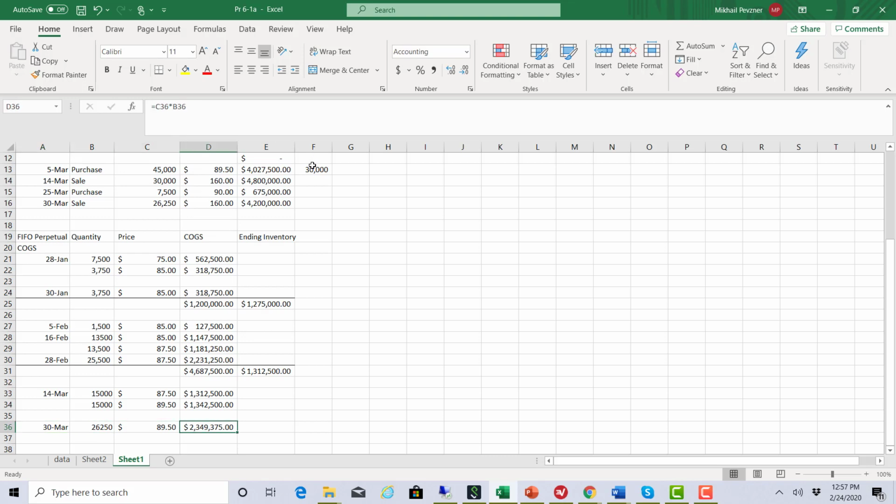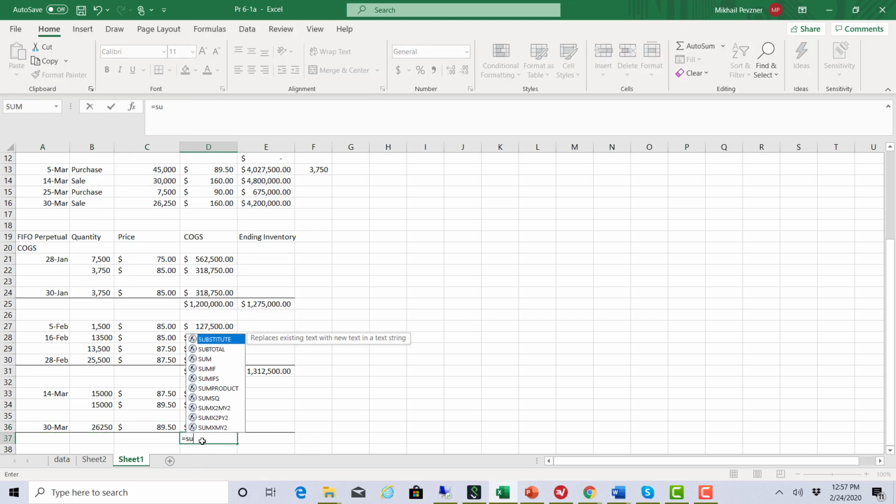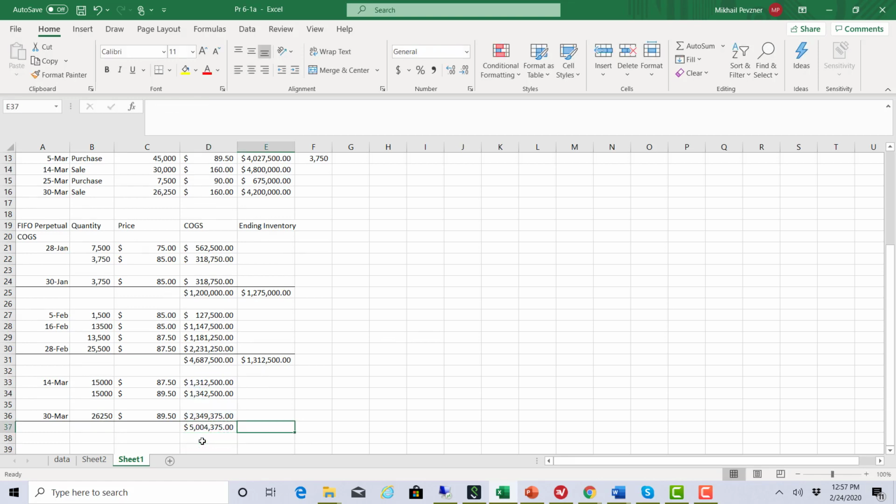What do we have left? 30,000 minus 26,250, so 3,750 left in this purchase. First, let's calculate my cost of sales for March, which is just the sum of these numbers.